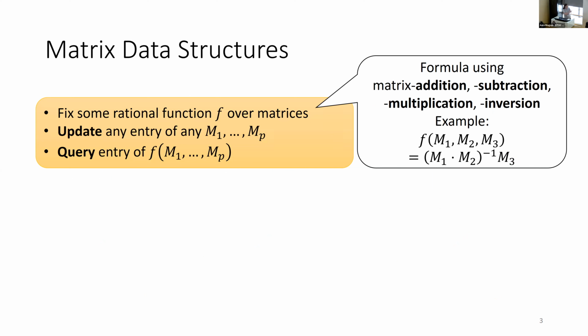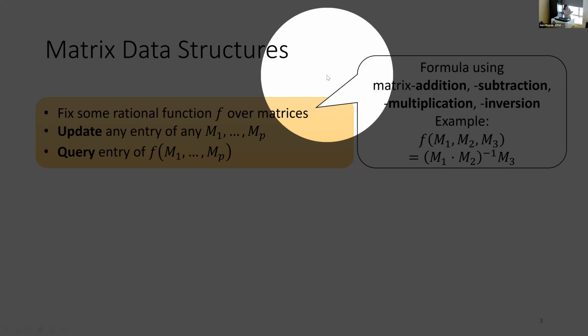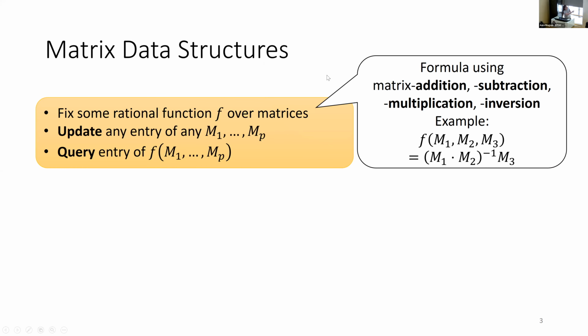So here we have an example of such a formula. We multiply two matrices M1 and M2, we invert the result, then we multiply a third matrix, and that uses only the basic matrix operations, so that fits this definition of a matrix formula.